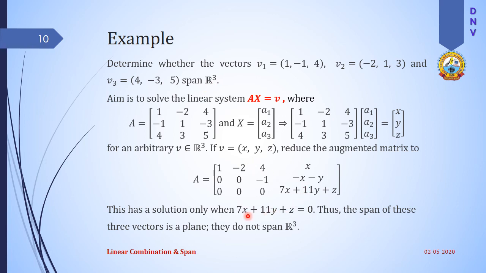But here is one restriction: if x, y and z are to be a linear combination of these vectors, then these values of x, y and z must satisfy this equation. So conditional existence of the vectors does not make the system consistent. So we say that the system is not consistent, and hence this does not span the space R cube.